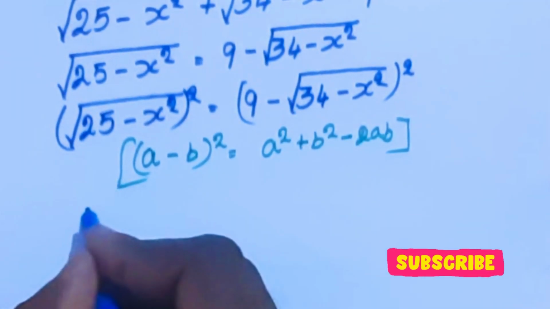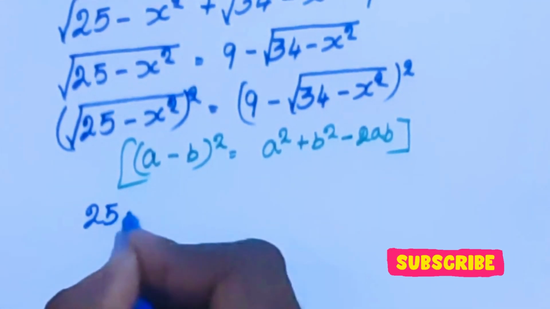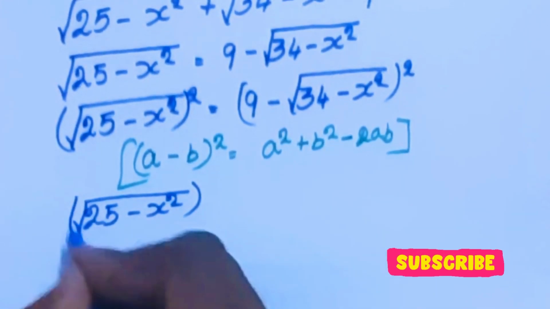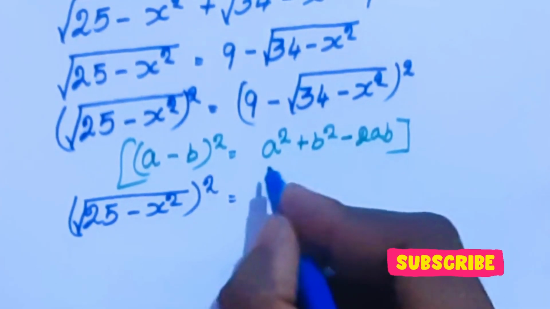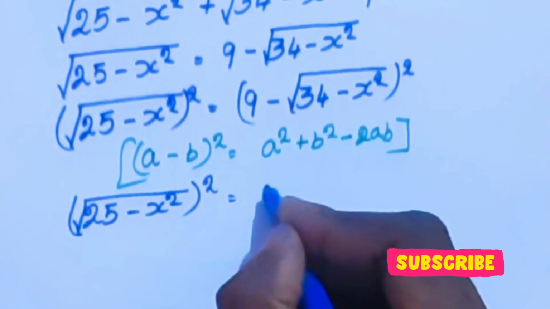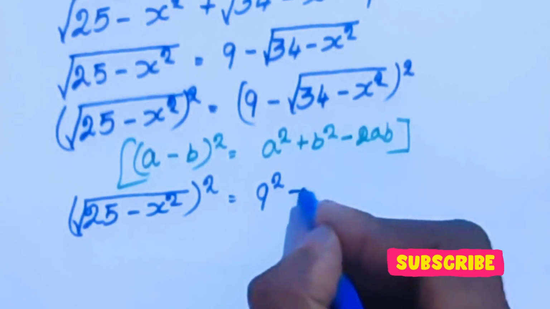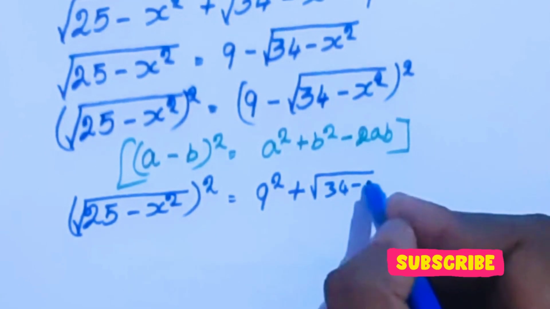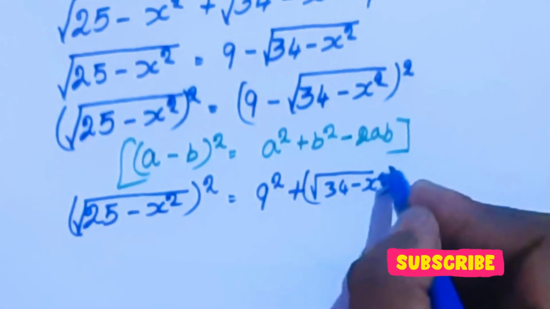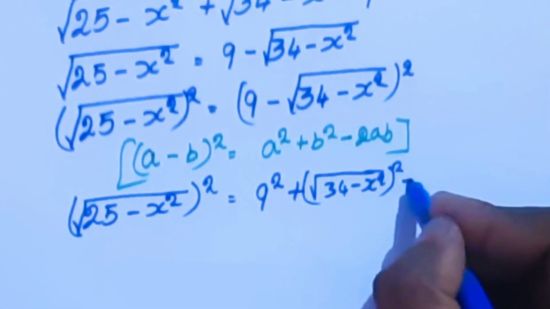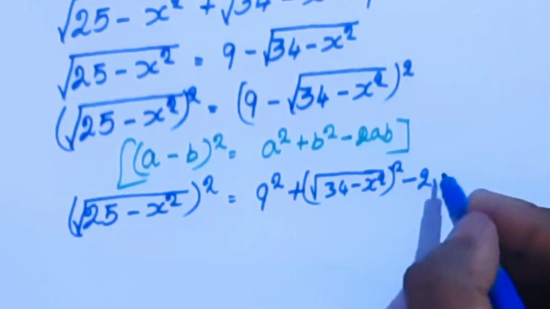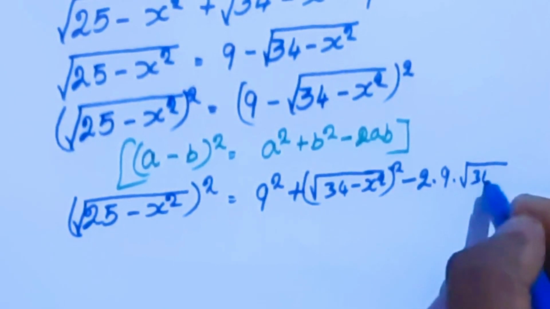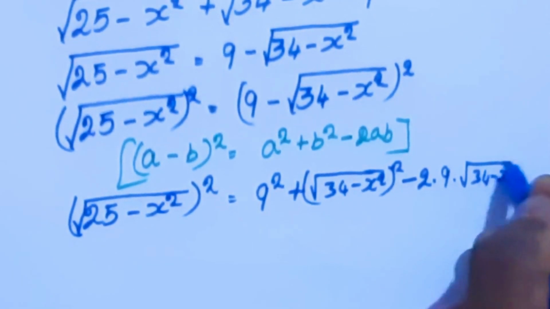So square root of (25 minus x square) whole square equal to, applying this formula, we get 9 square plus square root of (34 minus x square) whole square minus 2 times 9 times square root of 34 minus x square.